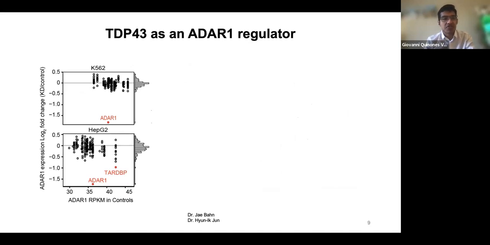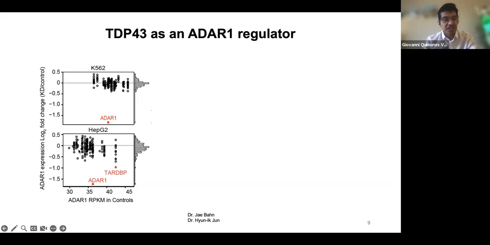And when we look into, first of all, what of these RBP knockdowns have the greatest effect on ADAR expression, we plot in this plot over here, you can see we have the ADAR1 RPKM in the x-axis and the log2 fold change in the y-axis.